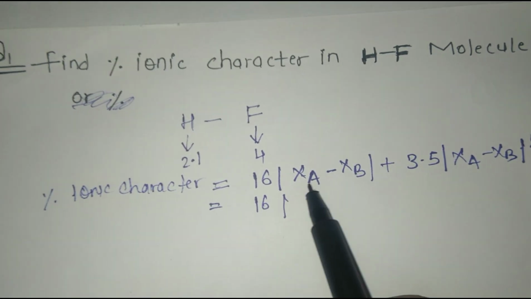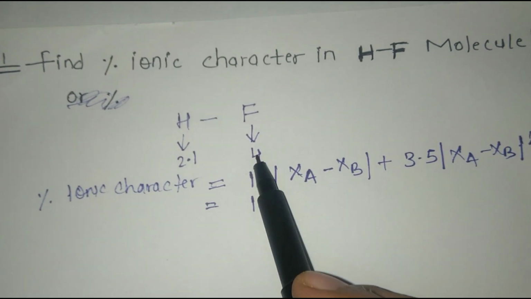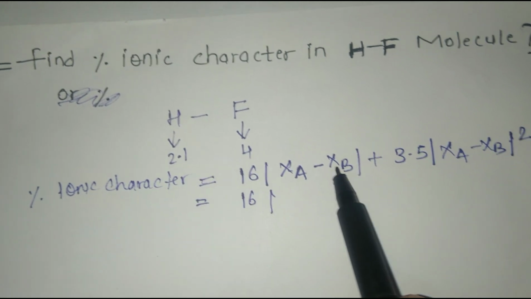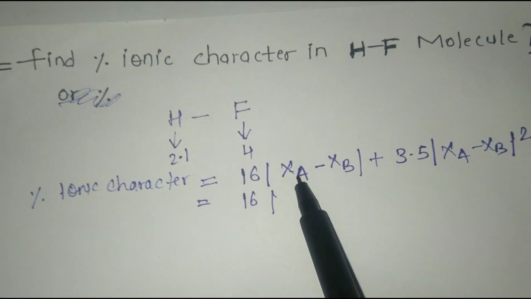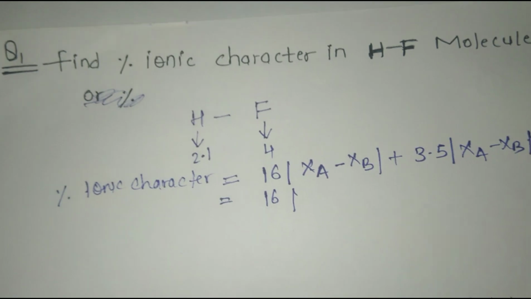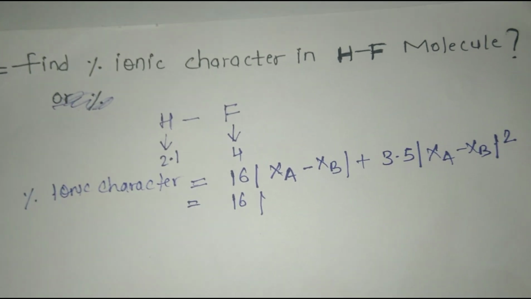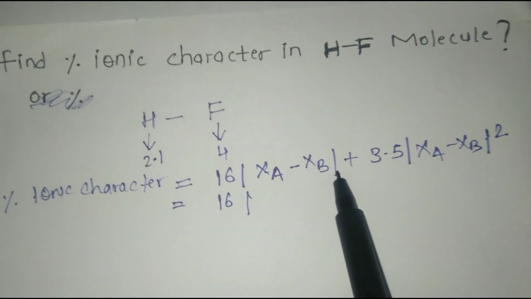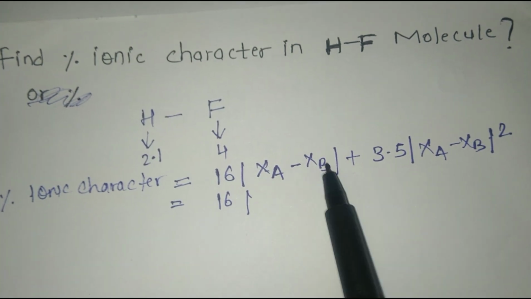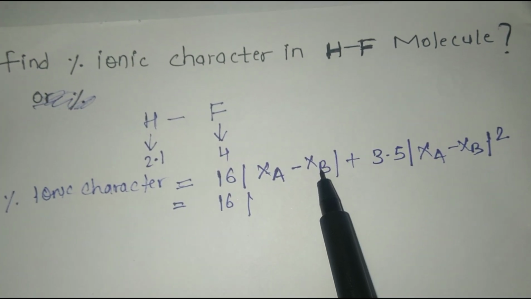Remember one thing: if you put 4 or 2.1 as XA or XB, it doesn't affect your answer, because the mod makes the negative value positive.